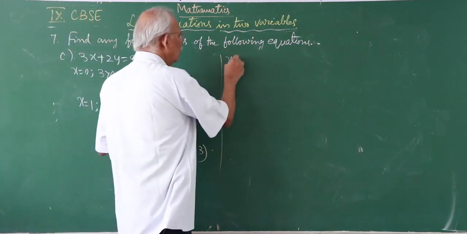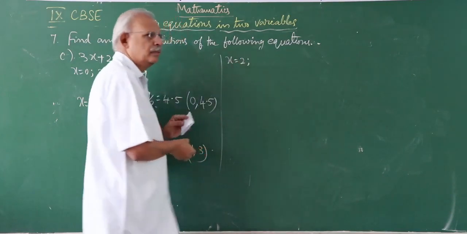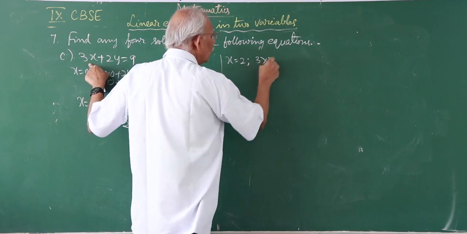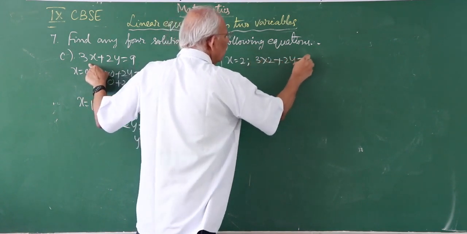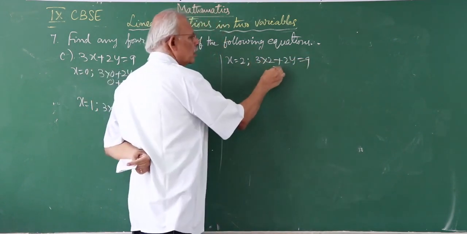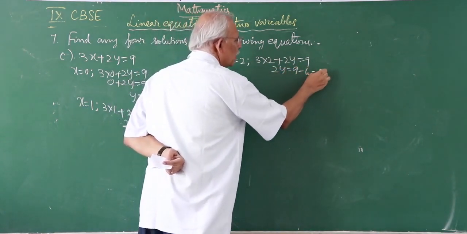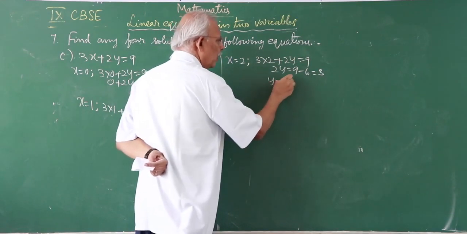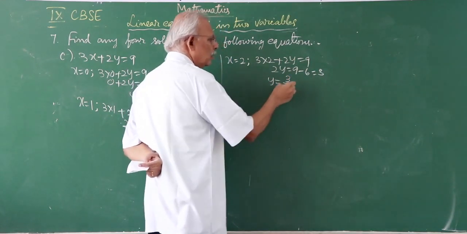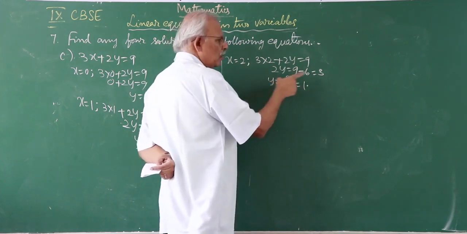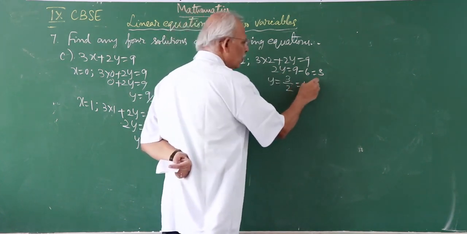Now put x equal to 2. Substitute 3 into 2 plus 2y equals 9. 3 2s are 6. 2y equals 9 minus 6, which means 3. y equals 3 by 2. On dividing, 2 ones are 2, 1 remains. Put a point, 0, 2 5s are 10.